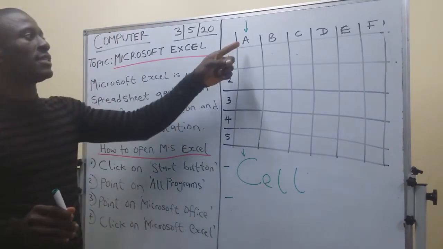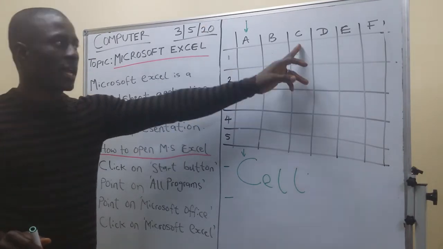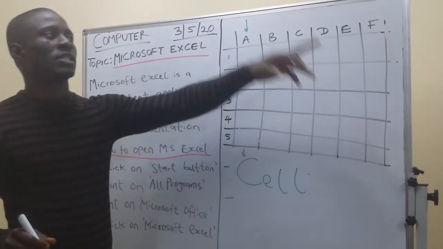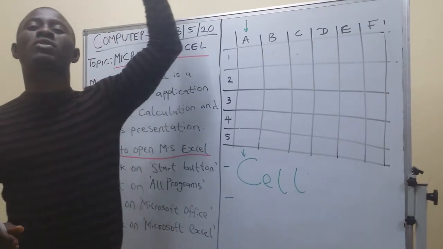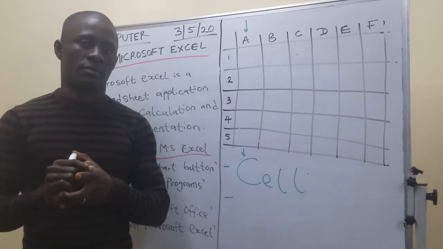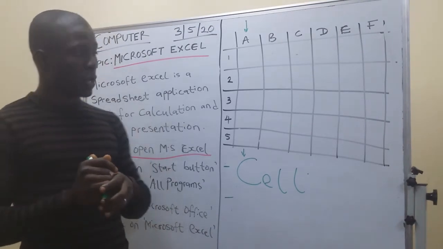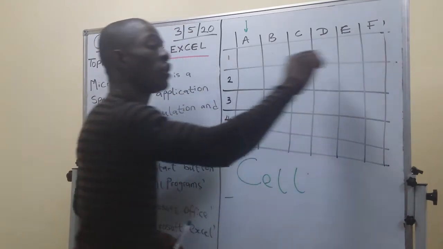So you can say that this is column A, this is column B, this is column C, this is column D, this is column E, this is column F, and it moves to infinity. It has no ending. Is that clear?